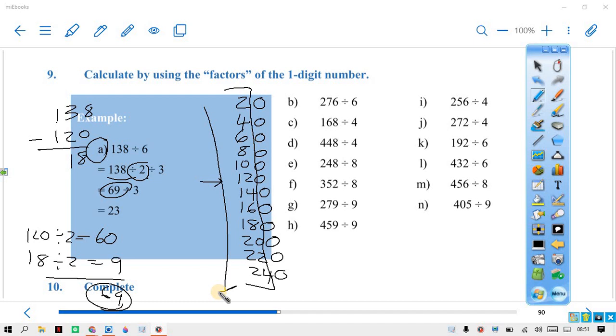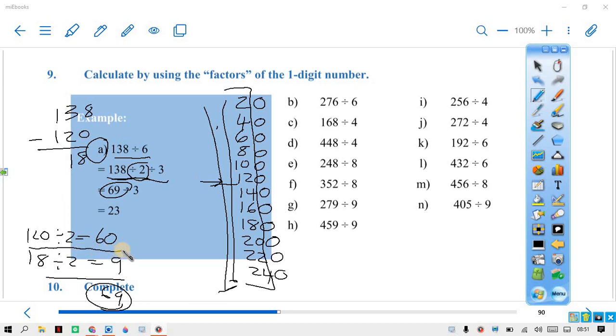I'm explaining it again. The first step they did, they took the 6 and broke it into its factors of 2 and 3. So you're going to first divide it by 2. You write out your 2 times tables, and then we put a 0 at the back. Then we found the closest number to 138, which was 120. So I said here, 120 divided by 2 equals 60.